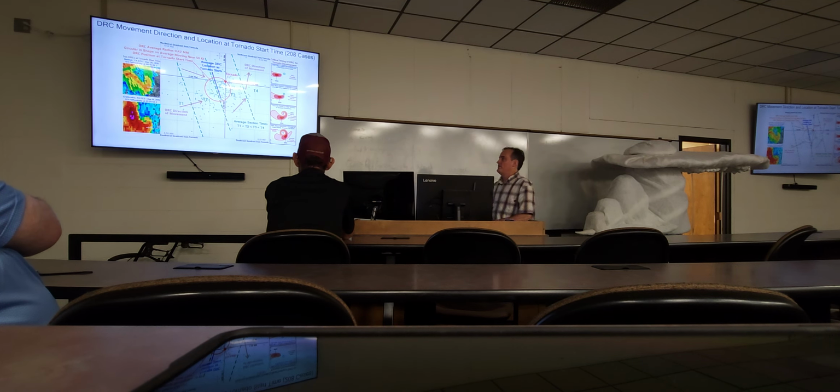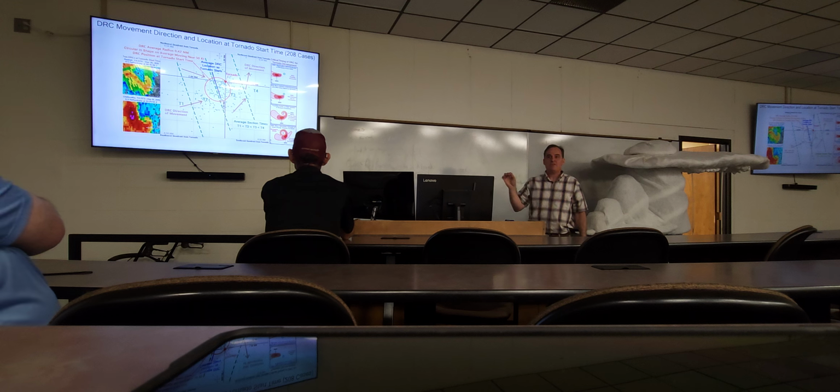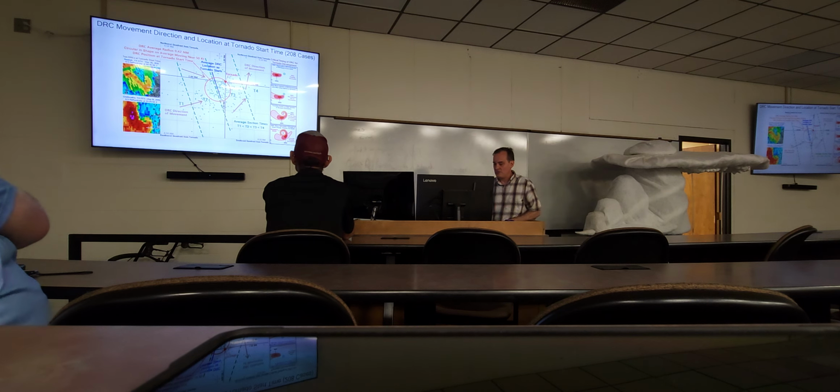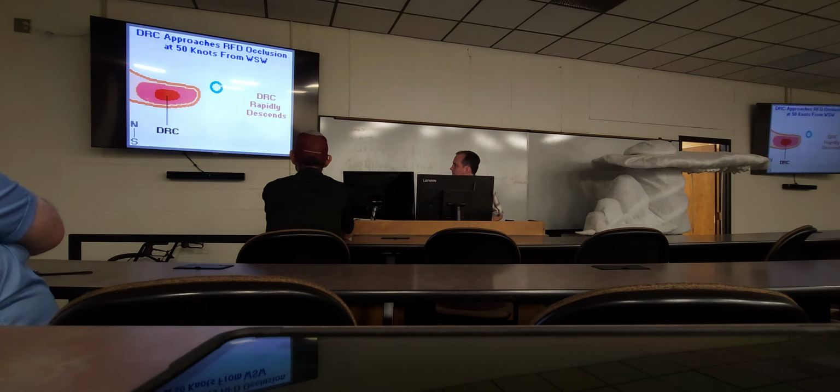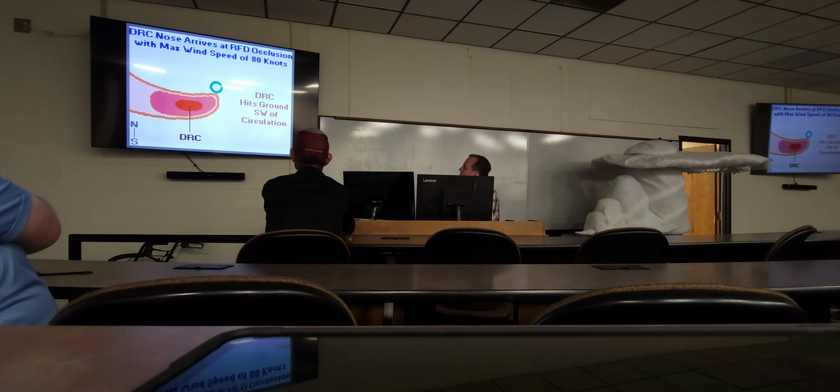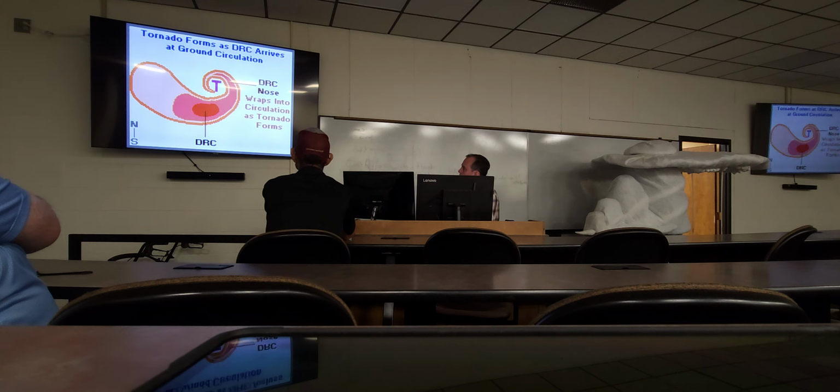And so some people have said it was a good idea to do the averages of the 208 storms because it tells you a lot when you look at the averages. Now, this is a schematic that was done after we learned this. So we have the DRC coming in. The core remains to the south of the tornado, but the leading edge starts to go around the circulation.